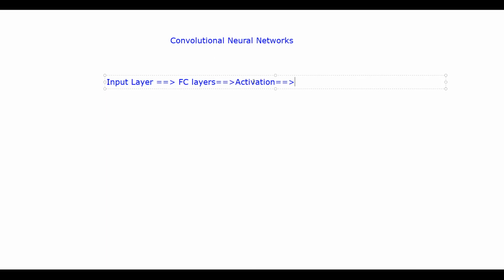Even in some research papers on convolutional neural networks, some people tend to exclude these activations, because it is understood that between every two fully connected layers there is going to be an activation. In programming, for every layer we introduce an activation function.